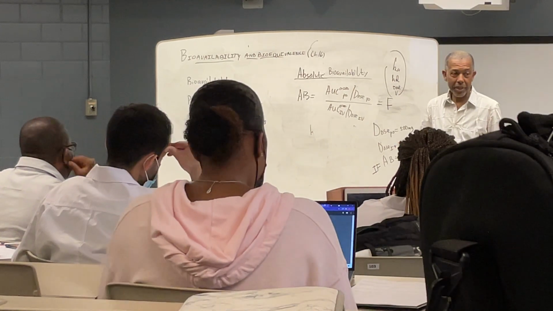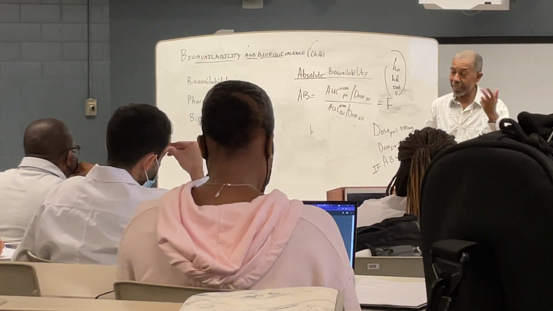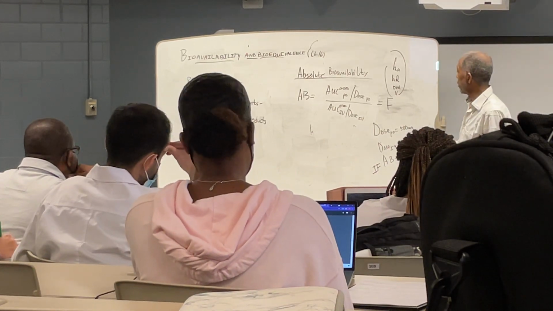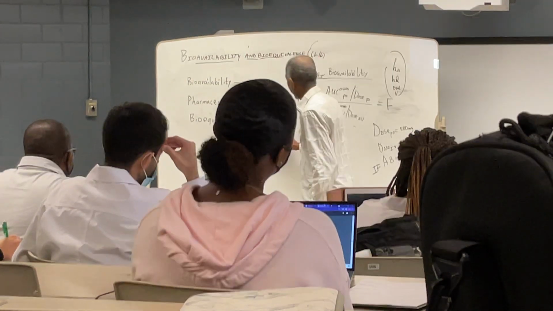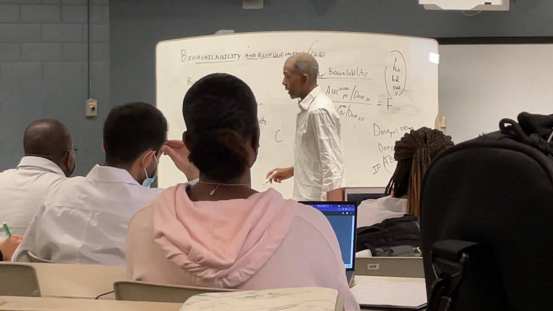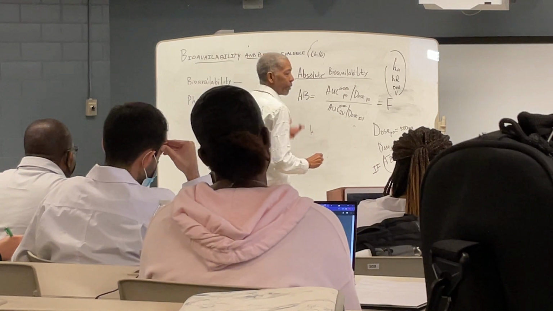Now I'm telling you this because I don't want it to happen to you, but like I said, it's going to happen to somebody in here, but it doesn't have to be you. So now I go to my students and say, calculate the concentration. They've already calculated the absolute bioavailability to be 0.5. So I say calculate the concentration at 3 hours after the dose.